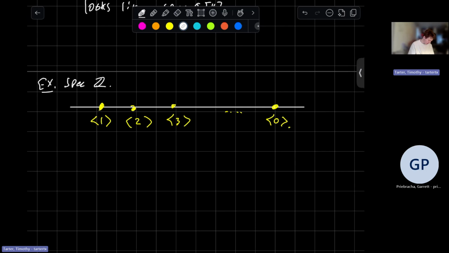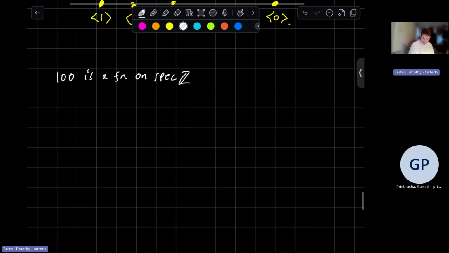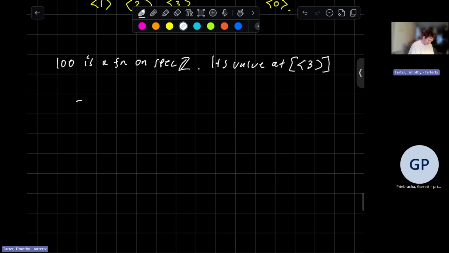So 100 is a function on spec Z. Its value at 3 is 100 mod 3, which is congruent to 1 mod 3.